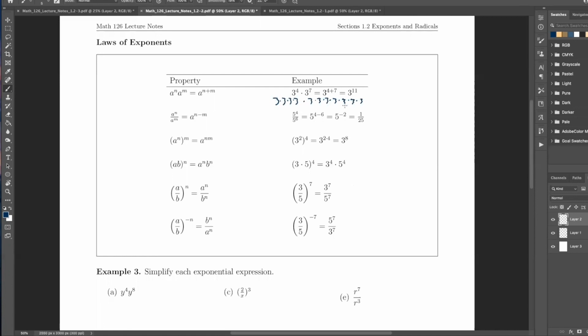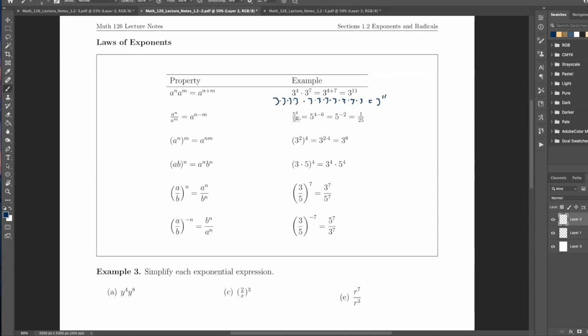It's 7. And if you count them all up, it's 1, 2, 3, 4, 5, 6, 7, 8, 9, 10, 11. And so the reason you can just add up exponents is it's how many threes do you have? Here I have 4 threes, here I have 7 threes, add them up, you'll have 11 threes together, multiplied, right?